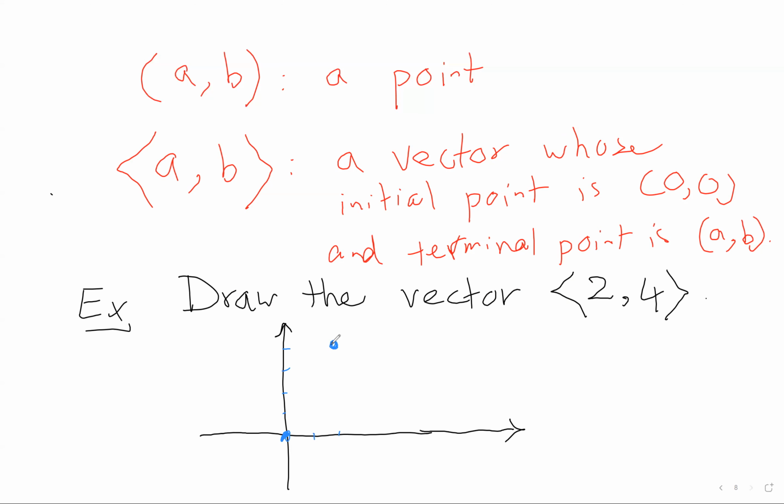So suppose this is 2 and 4. Now the vector which connects the initial point to that point 2, 4. So this was the initial point 0, 0. It was a point. I use parentheses. The terminal point, again, I use parentheses 2, 4. But this arrow that connects 0, 0 to 2, 4 is not a point anymore, it is a vector. Vector 2, 4.